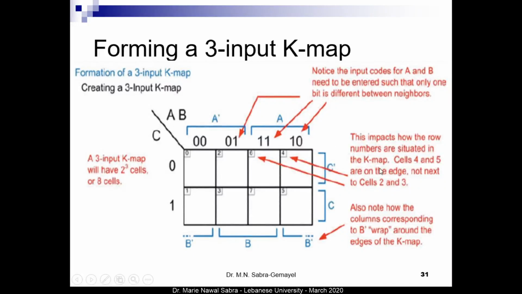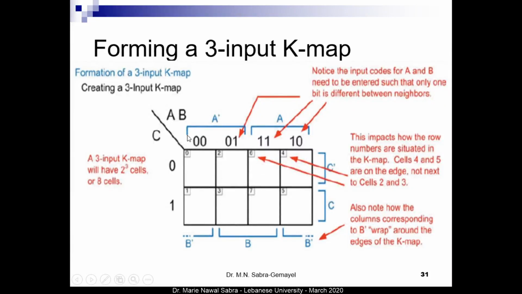So to fill them up in the K-map in a way to be able to reduce the functions later on, I have to put 0, 0, 0, 1, 1, 1, 1, 0, and not 1, 0, 1, 1, because every time I want to move from one value to the other, I have to make sure that exactly only one of the variables changes state and not both of them at the same time. So when I'm implementing from a truth table, this is going to be 0, 1, 3, 2, 6, 7, 5, 4.